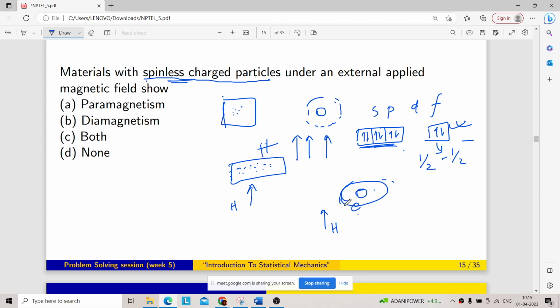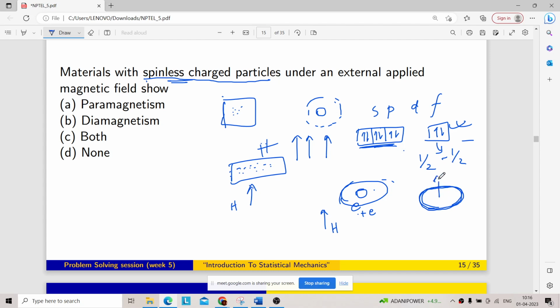Then the electrons inside this molecule will arrange themselves, like they are rotating around some molecule, right? This electron has a charge, right? So a charged particle rotating in a circle will induce what? A magnetic field of its own.